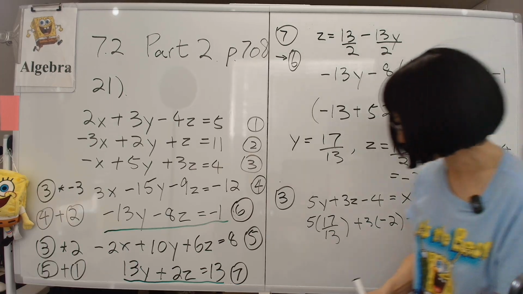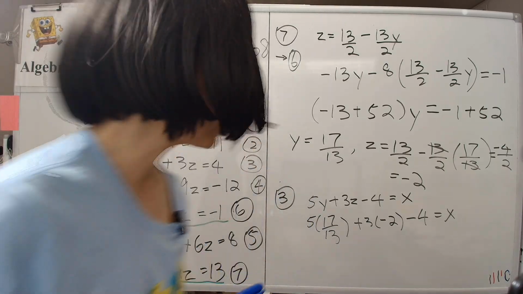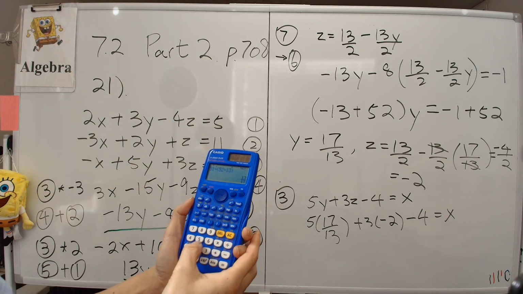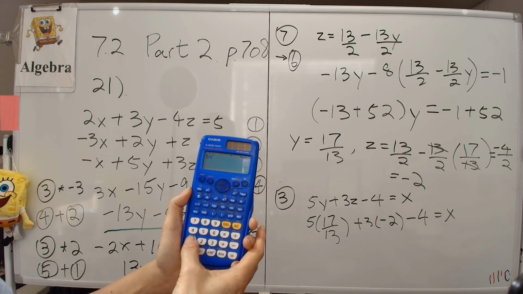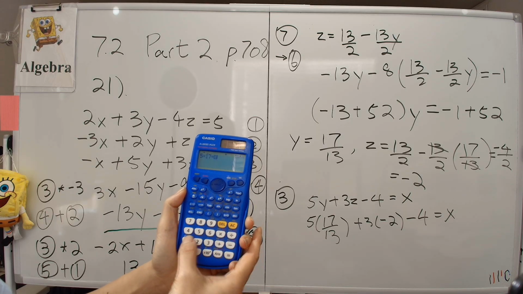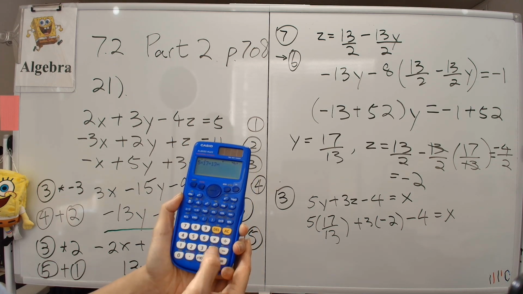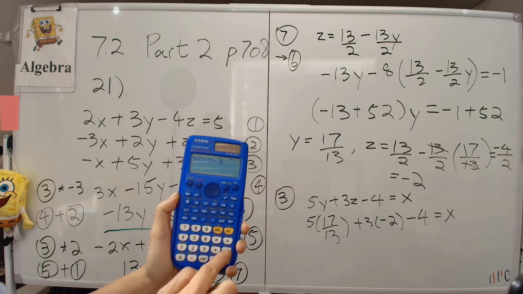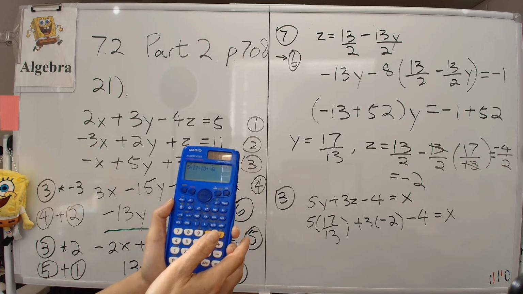So let's pull out the calculator and do this. 5 times 17 divided by 13, plus negative 6. Make sure you don't push the minus if your calculator has a negative key, otherwise your calculator will throw a fit.